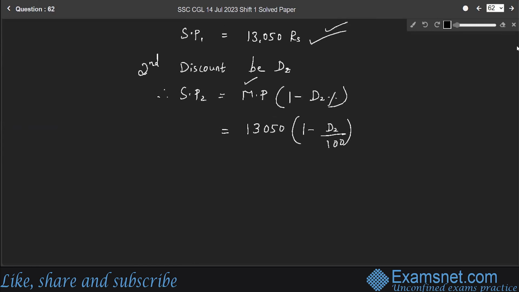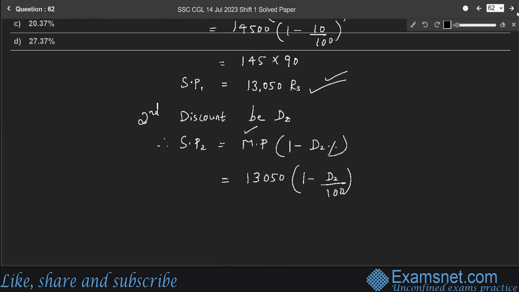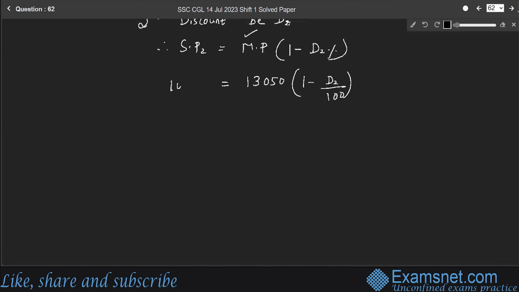Is the selling price. So here it is given that after giving two successive or two consecutive discounts, the TV set was sold for 10,000 rupees. Therefore, selling price 2 is equal to 10,000 rupees. Right? So just simplify it, you will get the value of D2, which is the second discount. Therefore, 1 minus D2 by 100 is equal to 10,000 by 13,050.